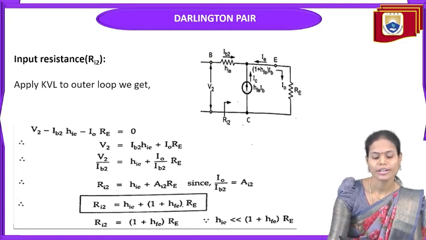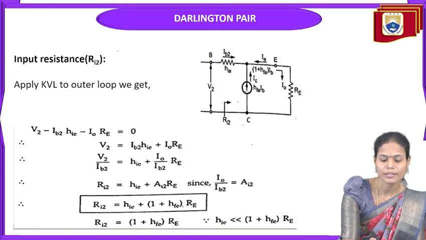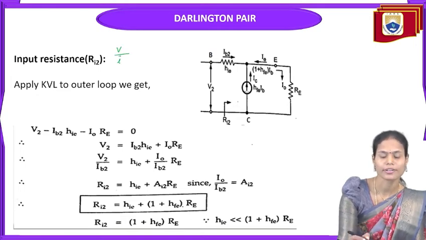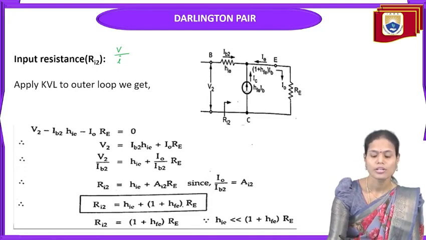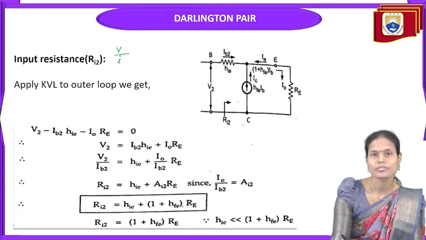Similarly, we need to find the input impedance. Input impedance is nothing but the ratio of input voltage to input current. From the input side, we can find this value. For that, we apply Kirchhoff's voltage law to the outside loop of this circuit.